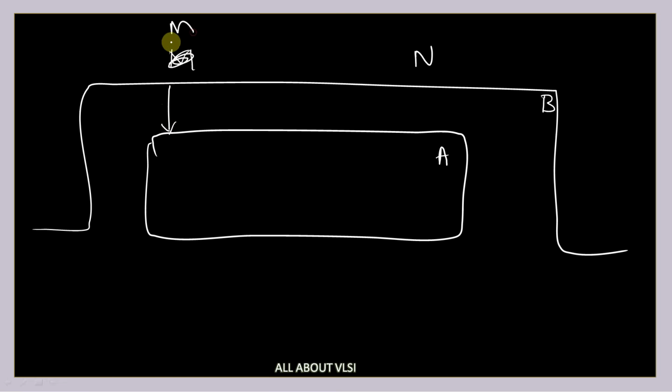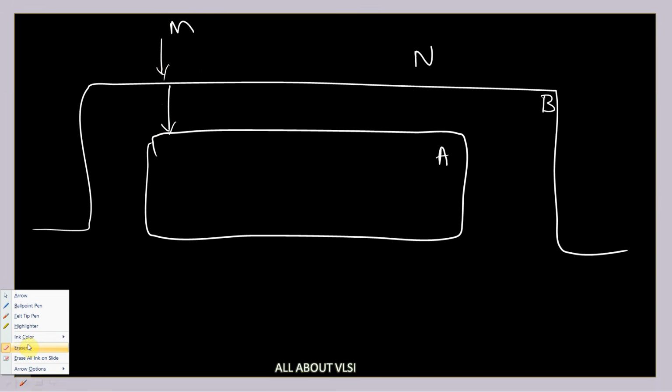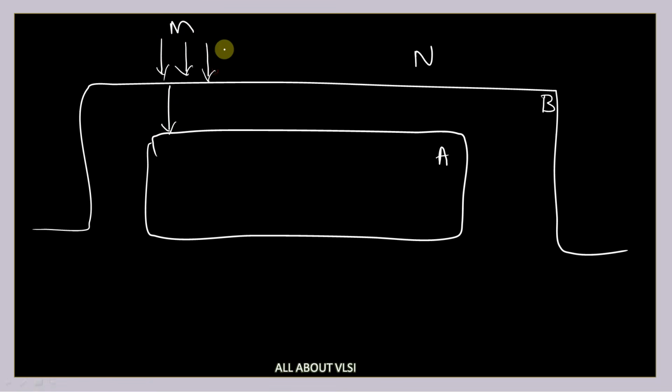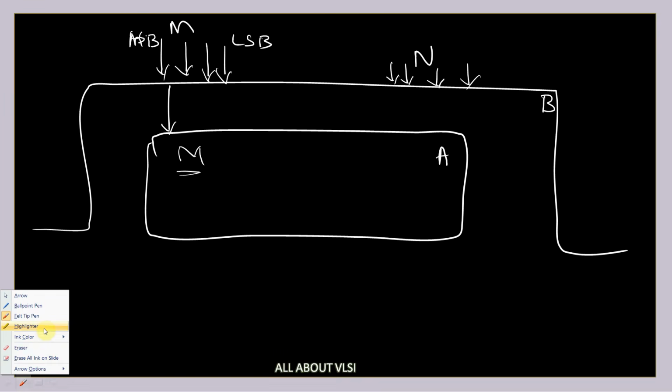You can assume 4 bits as 4 lines. So 4 lines are present here and N also has 4 lines. And this M has capacity to connect with only 1 line. So only the LSB will be connected. This is MSB and this is my LSB.